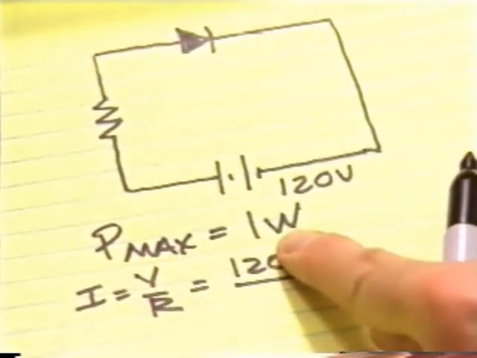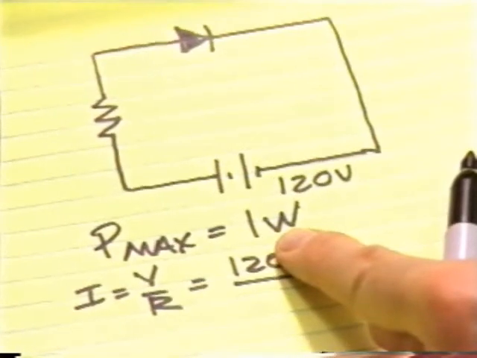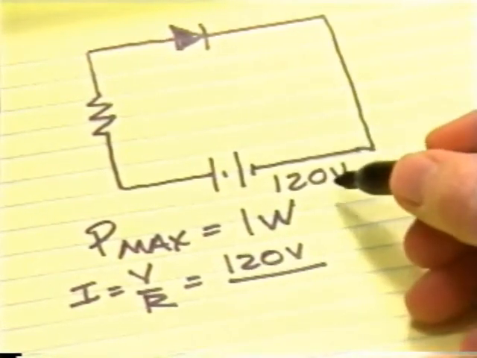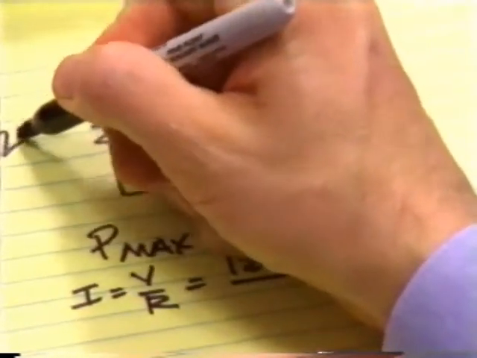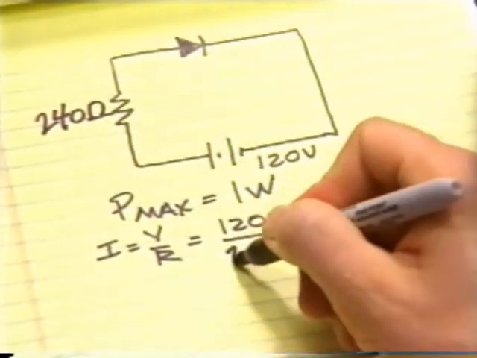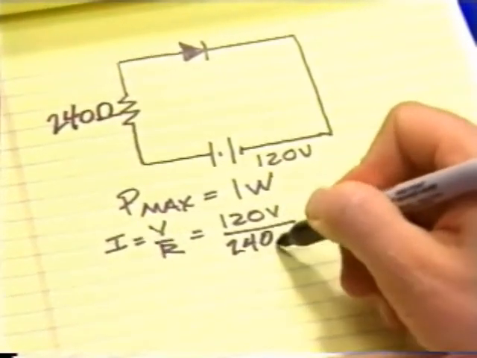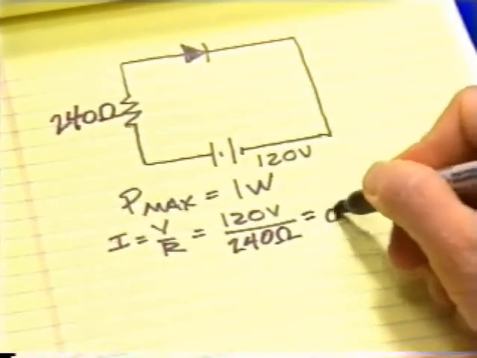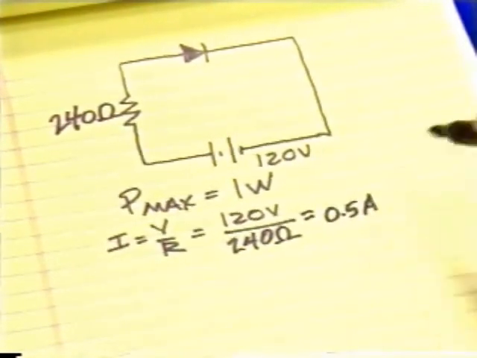For example, suppose the maximum power of a diode is 1 watt. If the applied voltage to the circuit is 120 volts and the resistance R equals 240 ohms, then Ohm's law can be used to find current. 120 volts divided by 240 ohms equals 0.5 amps.